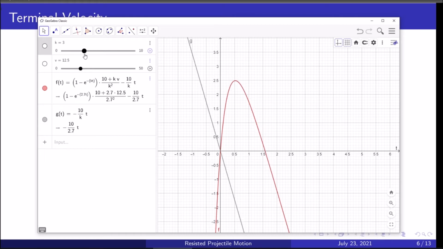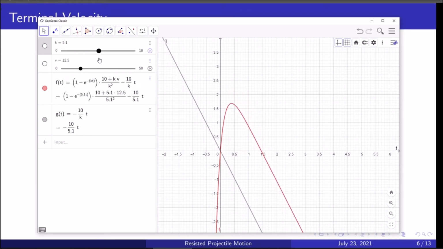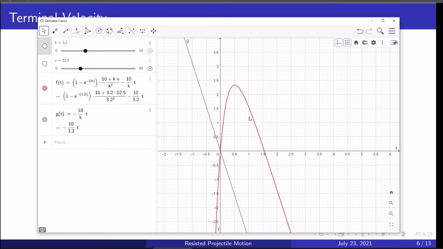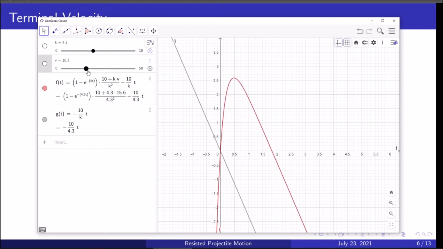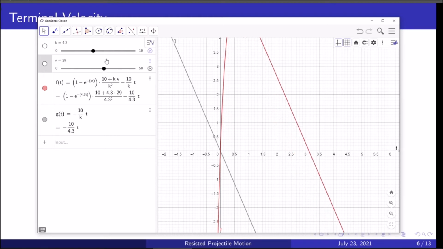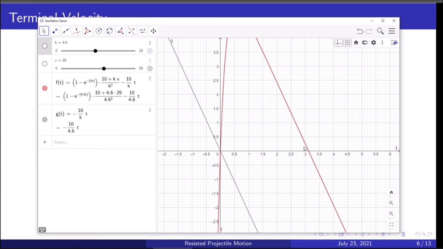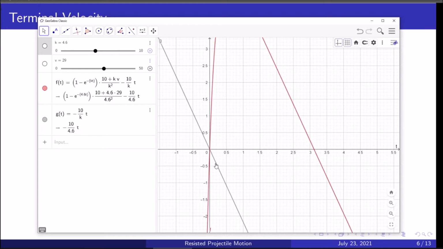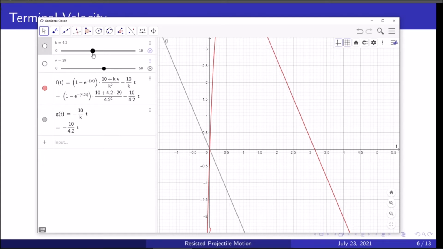So if you can see here, the gradient towards the final portion, if the resistance is great enough, then you will see that towards the end, if the time of flight is long, the last portion of the trajectory will become more and more parallel to the terminal velocity gradient here. The velocities become more and more similar regardless of what k is.